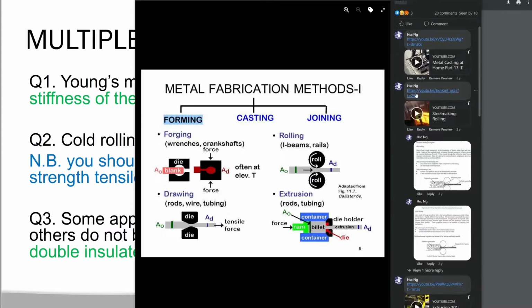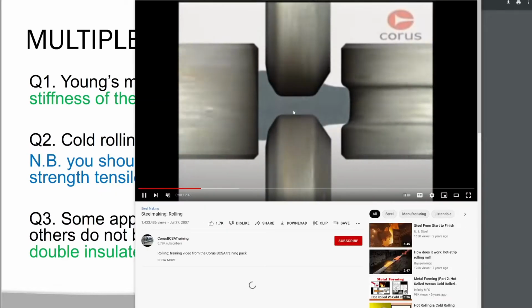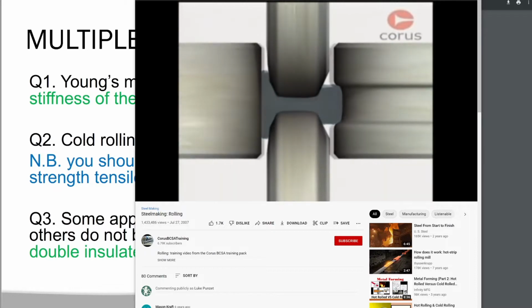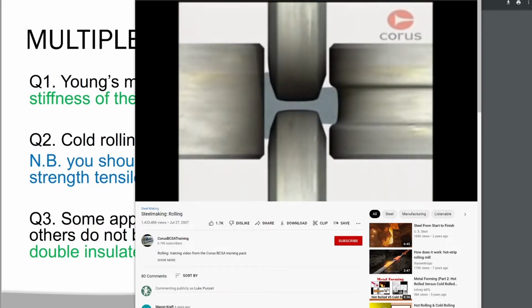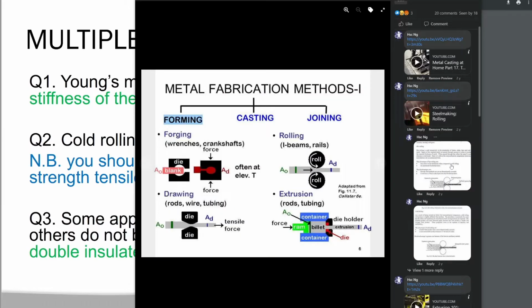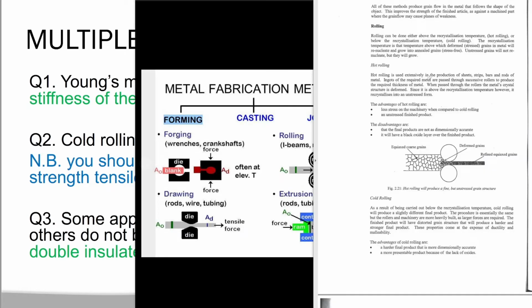but if we look at this, we can see rolling. I always talk about rolling rail for trains and for train tracks, and there is hot and cold rolling, and that is discussed in the Year 12 textbook.